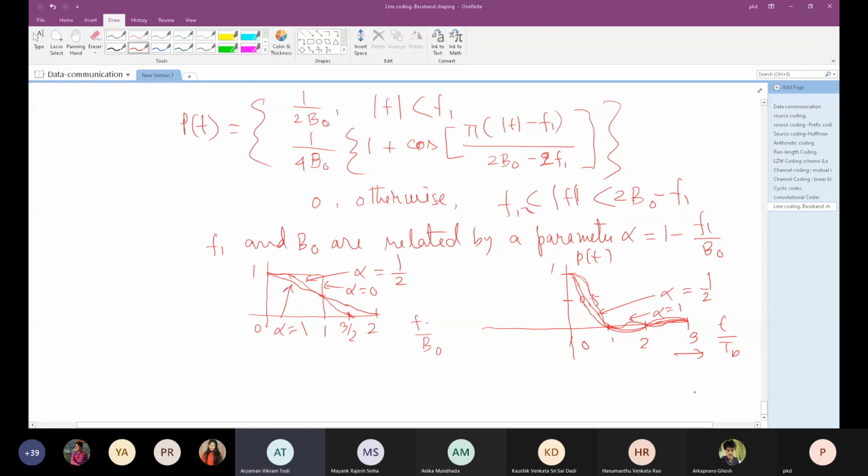What is the right diagram? The right diagram is the pulse waveform p(t). Both sides it is symmetric. Corresponding to this, the inverse Fourier transform, if we take this transfer function, the waveforms are modified like this. Say for alpha equal to half, it is still smooth like the sinc waveform, but it is a little flattened.